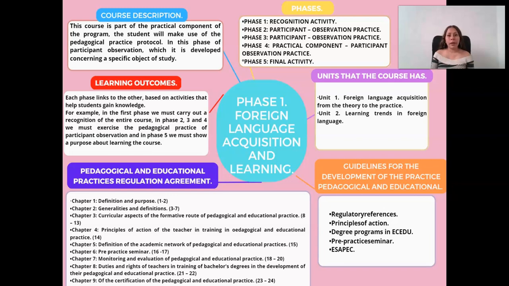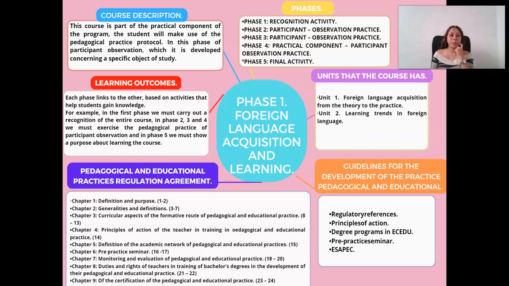In Phase 3, we must compare the main theories on foreign language acquisition in the context of pedagogical scenarios. In Phase 4, practical component, we must evaluate teaching strategies used within the classroom. And finally, Phase 5, final activity, we must set up a proposal for a new assessment in the classroom environment.